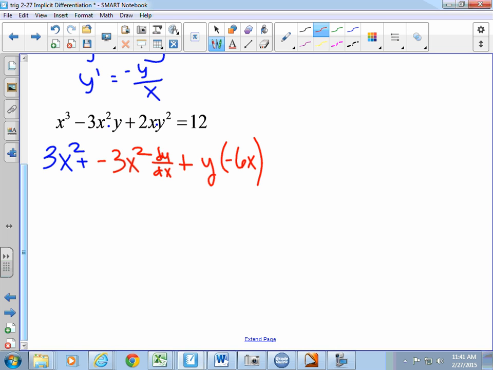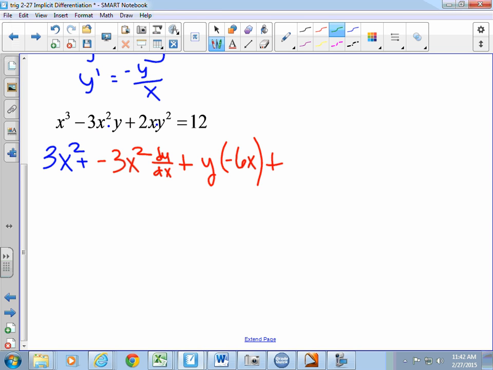Does everyone see what I mean by grouping that negative in as I go? That's the way I like to do it. Just be careful with that negative. Any questions on that one so far?